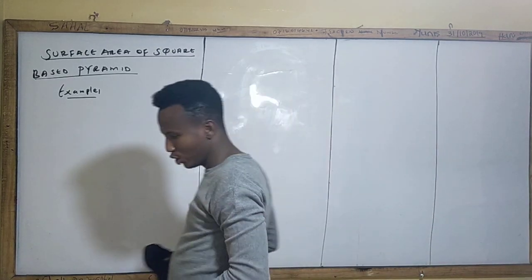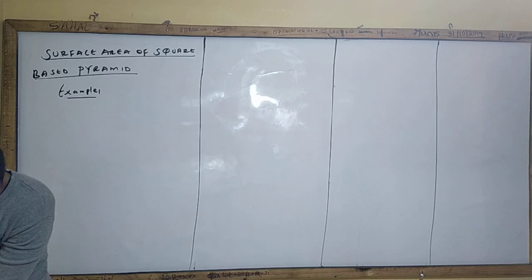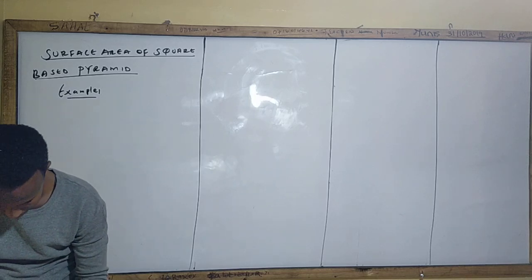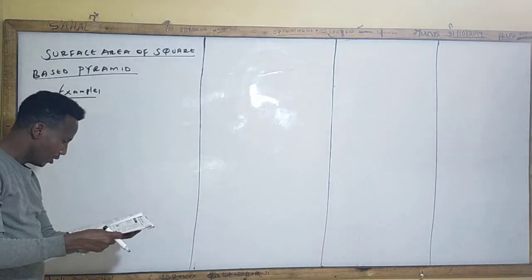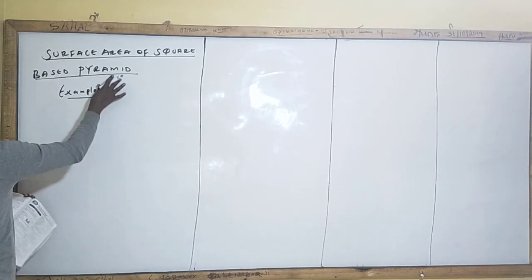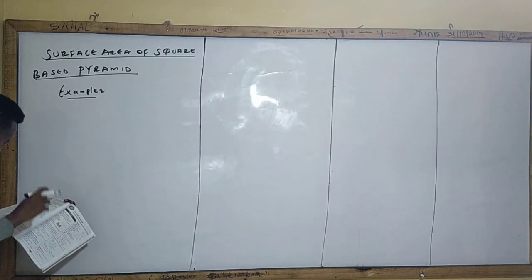Now let's see a situation where we don't have the slant height. Look at this one. Let's say this is example 2. Just understand the difference.